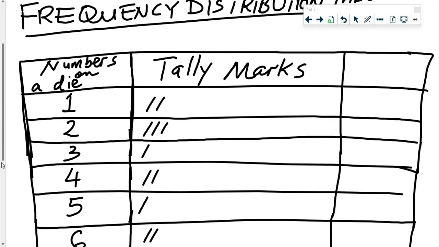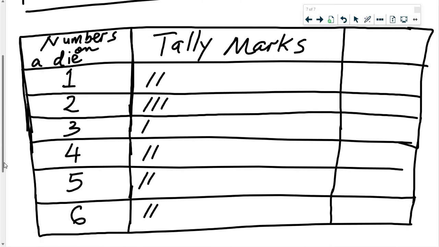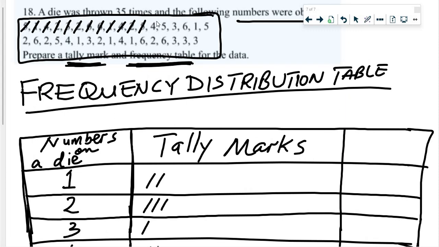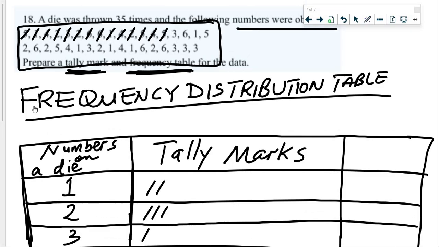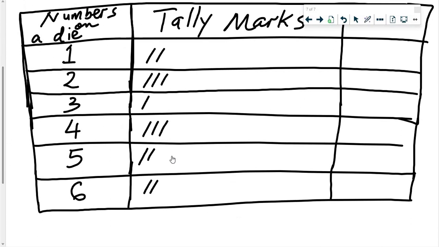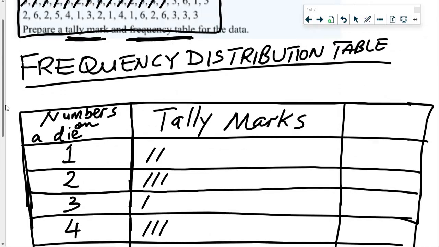5, record here. And then you have 4, record here. You have 5, record it here.